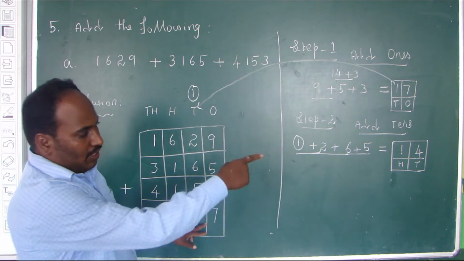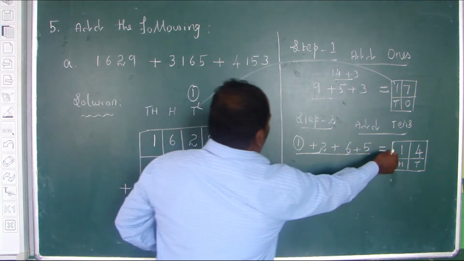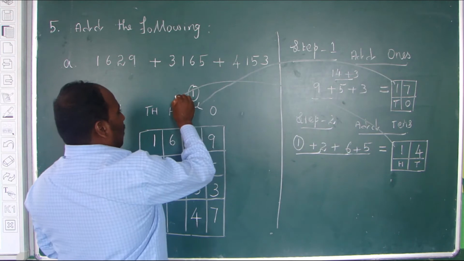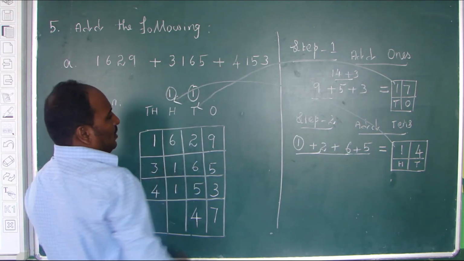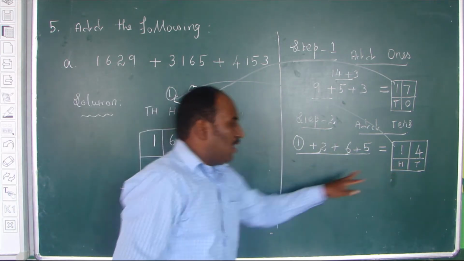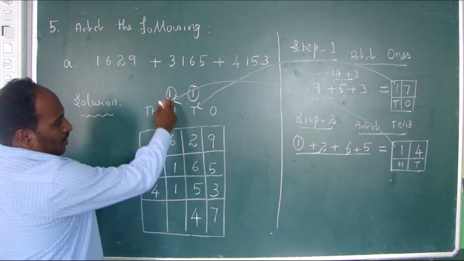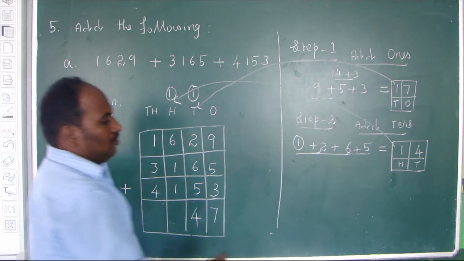Write the number 4 in tens place and carry over the number 1 to hundreds place. The next we add the hundreds place.